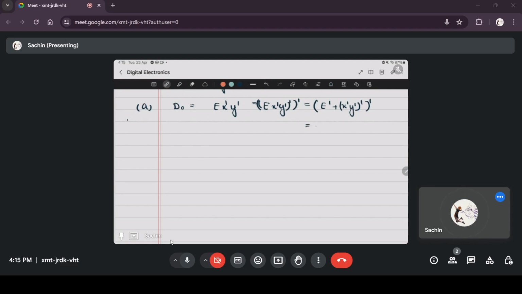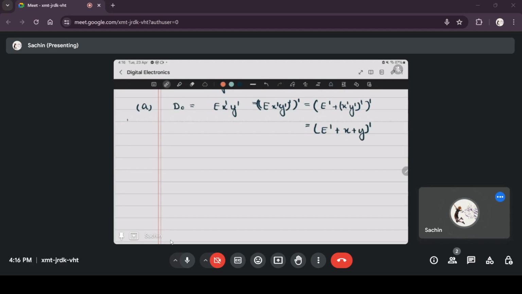Now you can get E complement by connecting all the terminals of an OR gate to E. Then you will get E plus E whole complement, which is nothing but E complement. And then you can use a 3-input NOR gate and give the inputs as E complement, x and y, and you will get E complement plus x plus y, whole complement.